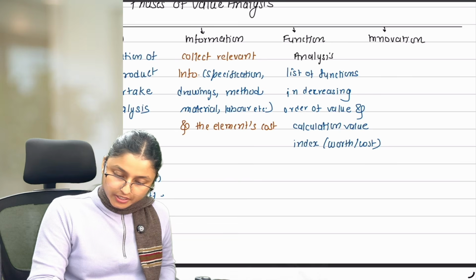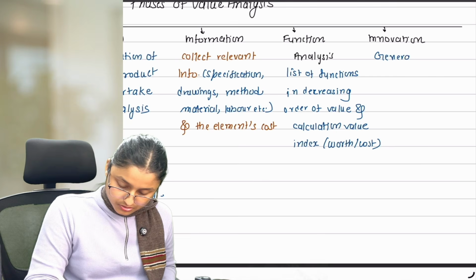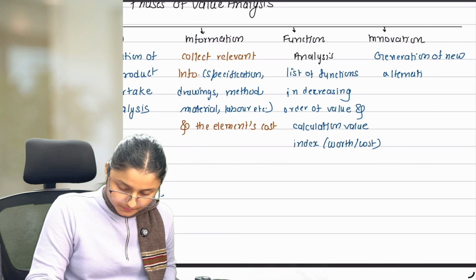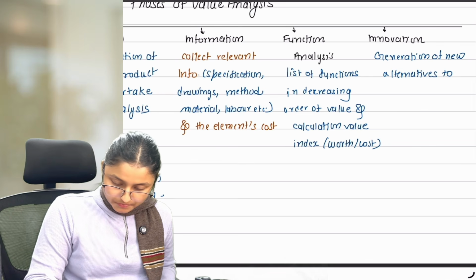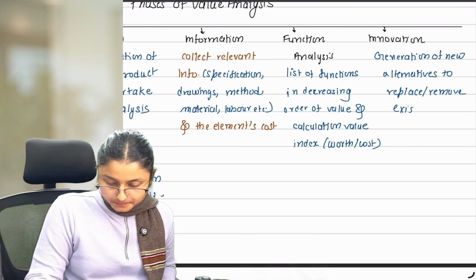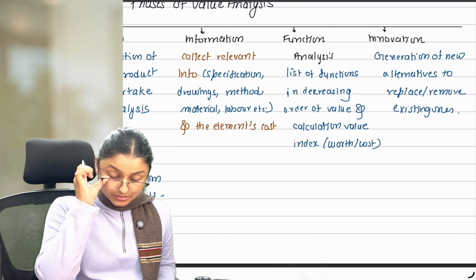Here generation of new alternatives will happen. So generation of new alternatives to replace or remove existing ones. Next is the evaluation stage.